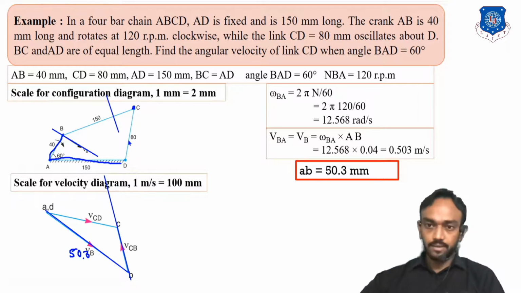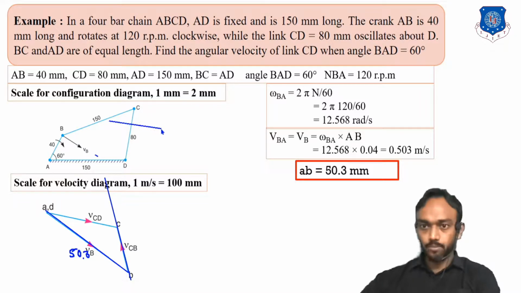Then with respect to D, you want to know the velocity of C. So what can you do here? Again, you draw the line perpendicular to this link from D, a full extended line.